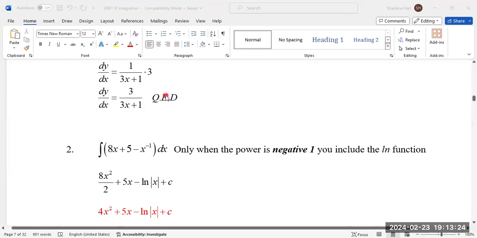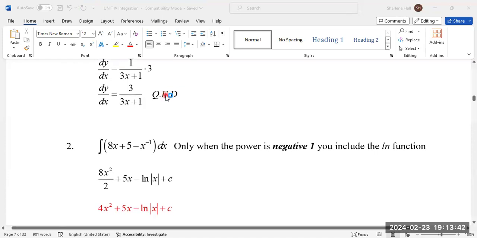You must have your constant of integration here, plus C, or this question is not fully correct. Okay, so this part is not bad because you remember you're just adding 1 to the power and dividing by the new power.